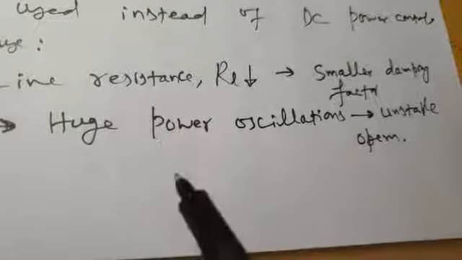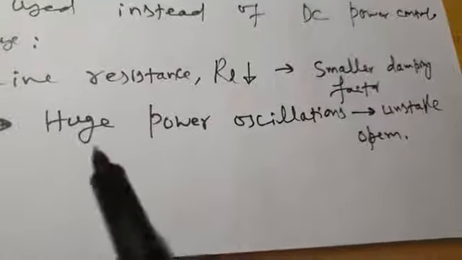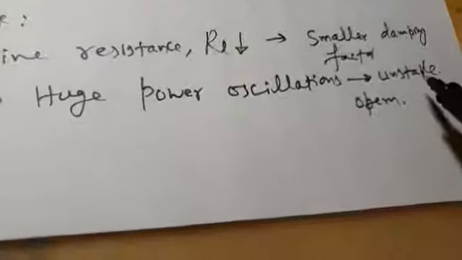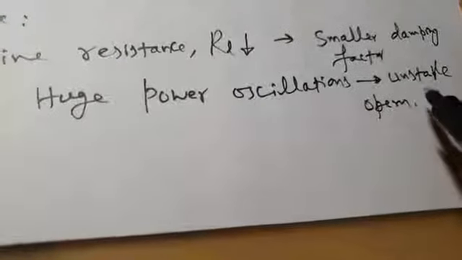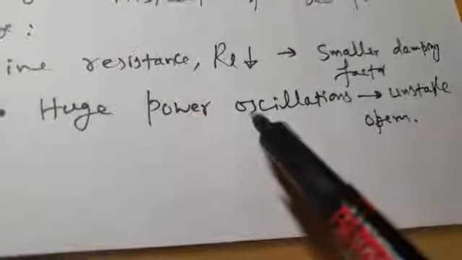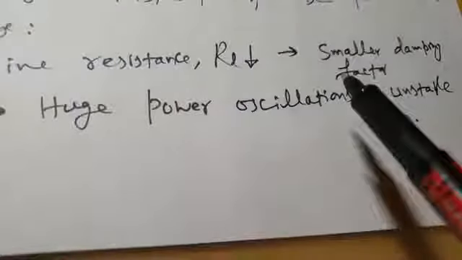Whenever you try to alter or control the power in the DC line, it will result in huge power oscillations and hence unstable operation. So therefore, instead of DC power controller, we go for either voltage controller or current controller.